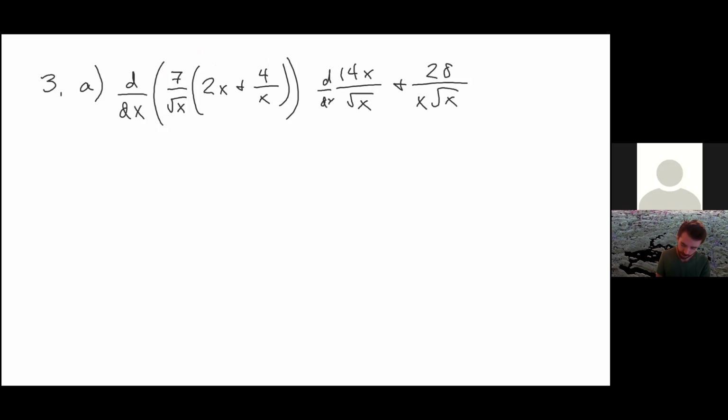Keep my d/dx out here. That's going to be the derivative of each piece individually. But before I do that, let's see if I can keep simplifying. To simplify this first term, I need to know what is x over square root of x.